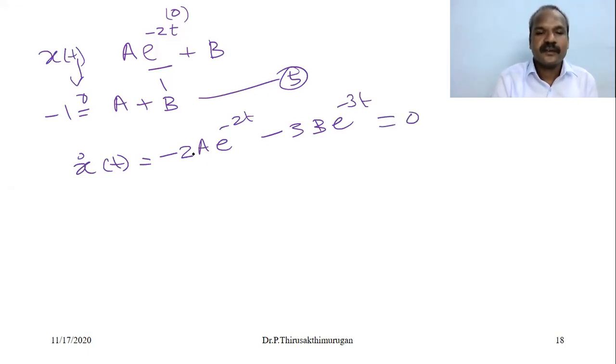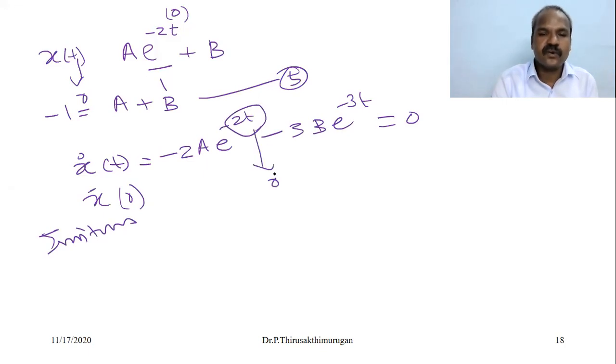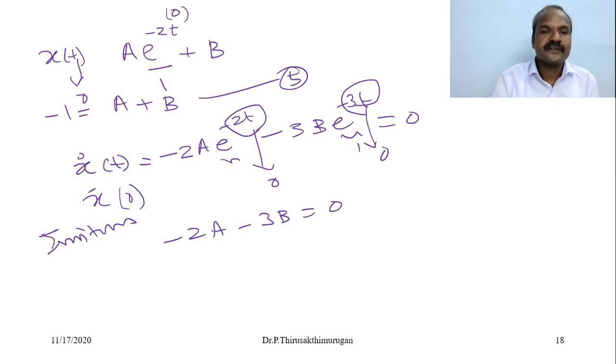Substitute again the initial velocity x dot of 0, so here also substitute t equal to 0. It becomes minus 2A minus 3B equal to 0. Solve these two equations 5 and 6.